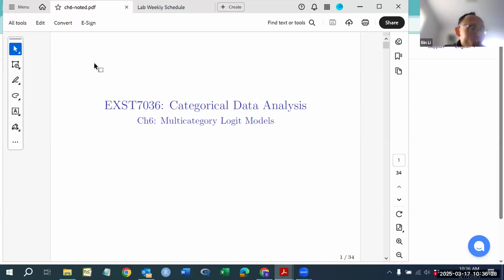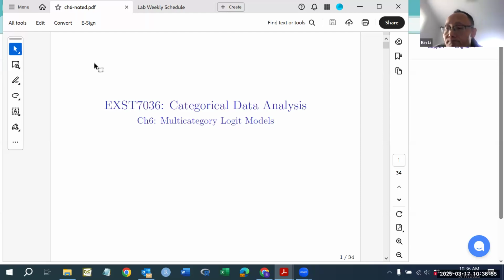If we have more than 2 categories, then we have 2 types. If we just have 2 categories, it doesn't matter; logistic regression always applies. But when there are more than 2 categories for the response, we have 2 types of response.